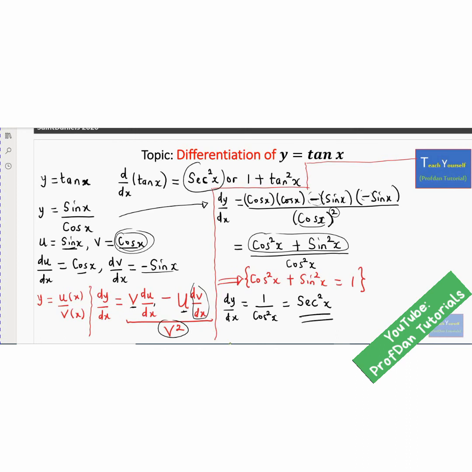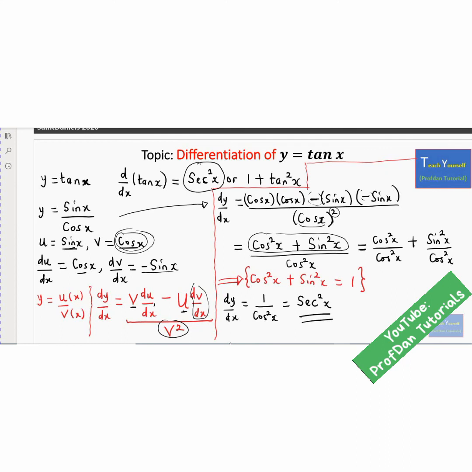Successfully, we have this. Secondly, if you want to proceed from here, we can still write this as cos squared x over cos squared x plus sine squared x over cos squared x.